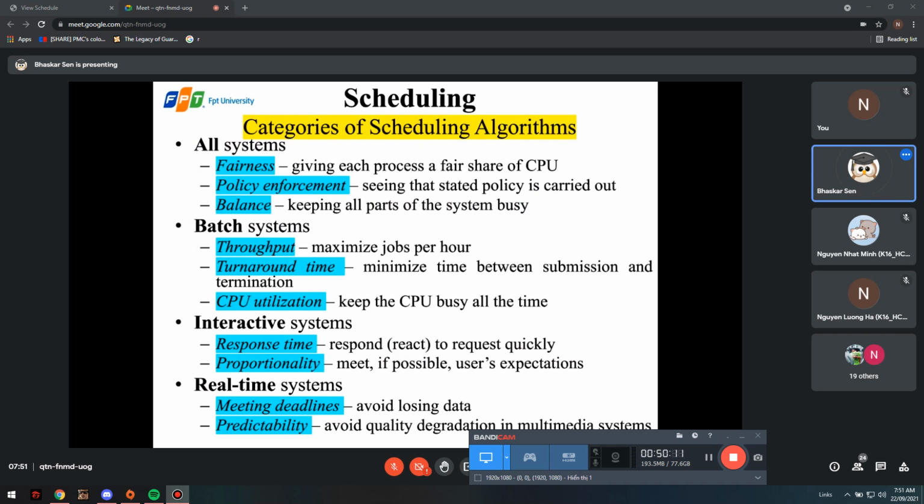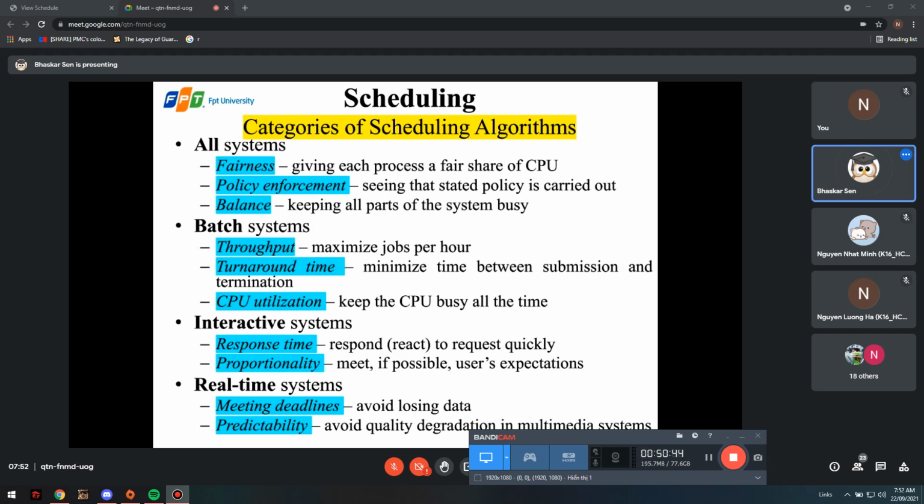As you take a look, for all systems, the criteria are fairness, policy enforcement, and balance. For batch systems, it is throughput, turnaround time, and CPU utilization. For interactive systems, it is response time and proportionality. For real-time systems, it's about meeting deadlines and predictability.